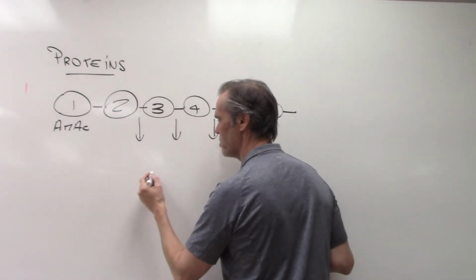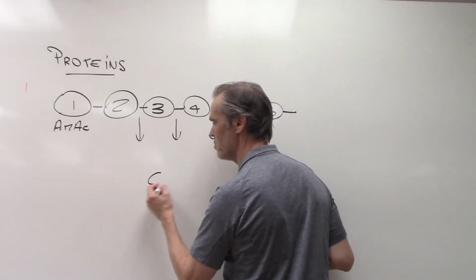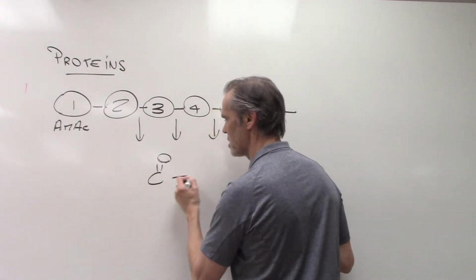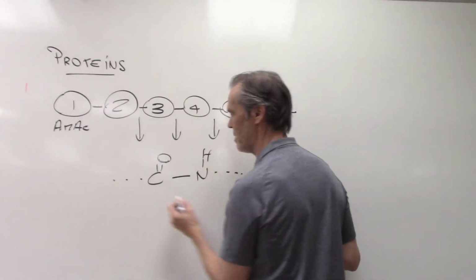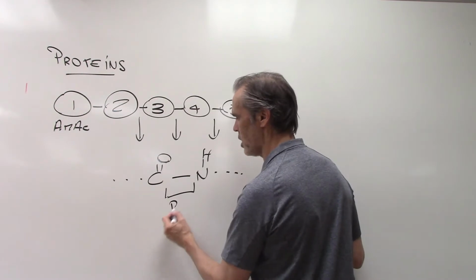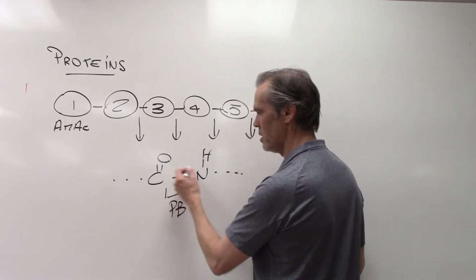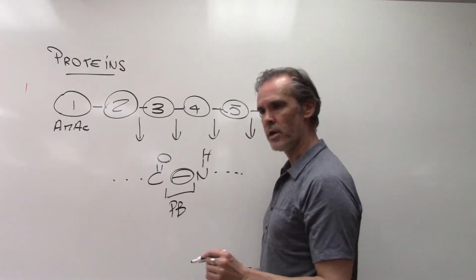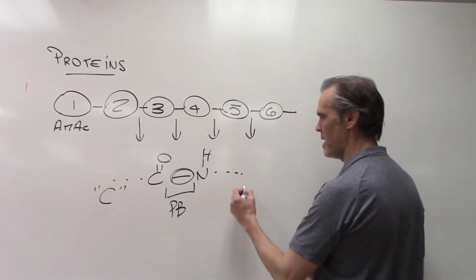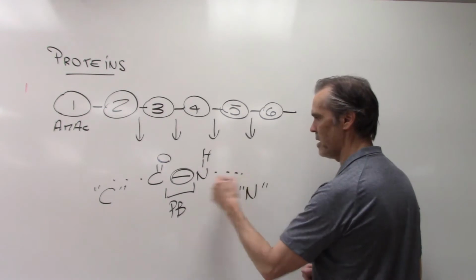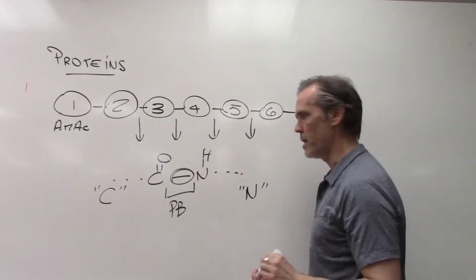It would be created between a carboxylic group like this, and then we have NH, and then the rest of the amino acid. That is our peptide bond right here. So the C side of the peptide, and then the N side of the peptide.